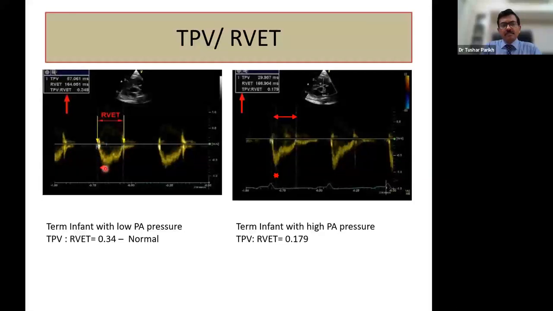This is the peak velocity here. From this point to this point where it peaks, that is the time to peak velocity that we measure. If you can see here, time to peak velocity is 57 milliseconds. So this particular part is 57 milliseconds as against the right ventricular ejection time, which is 164 milliseconds.